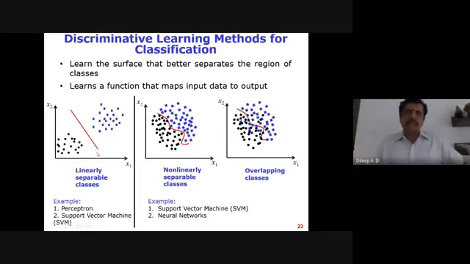The support vector machine transforms the data to a higher dimensional space, where it assumes the data is linearly separable, and in that space it learns a linear discriminant function. When projected back to the original representation, it becomes a nonlinear boundary. You're going to see that at later stages.